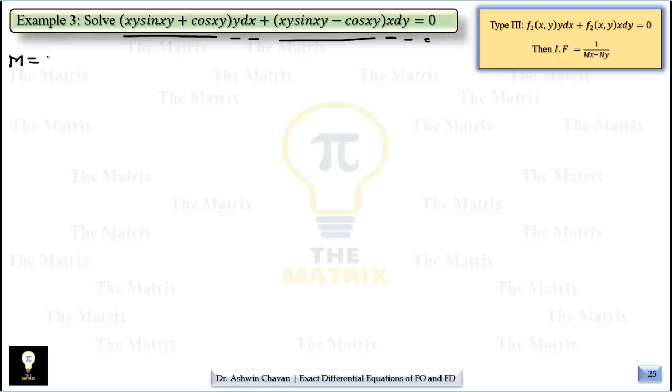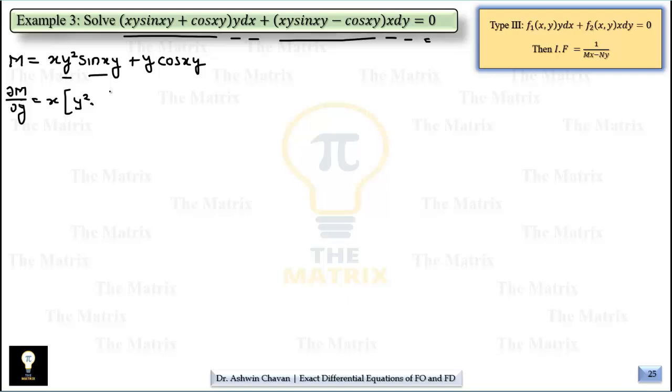So we have M, along with that y inside, we get x into y square sine of xy plus y into cos of xy. Let's differentiate this M with respect to y partially. So x is constant, and we have y into sine xy, a product of two functions of y, so the uv rule will be used.